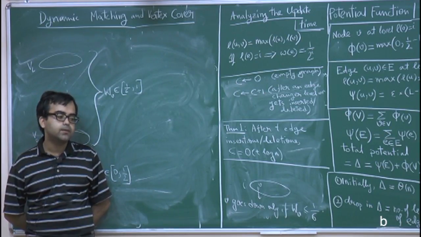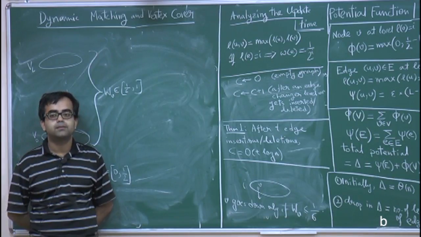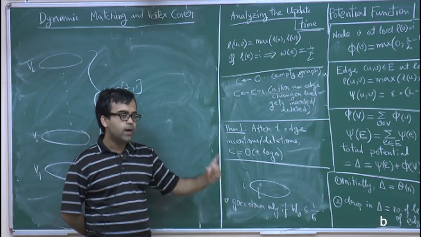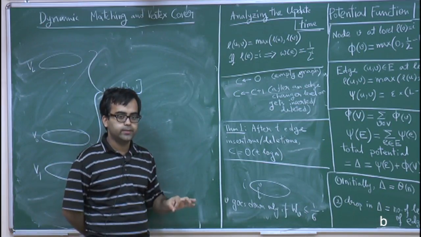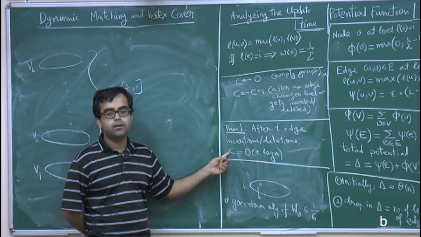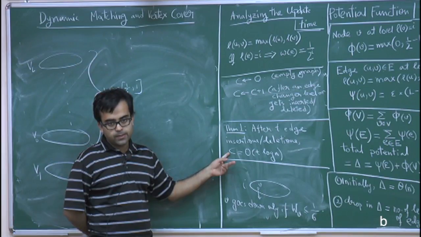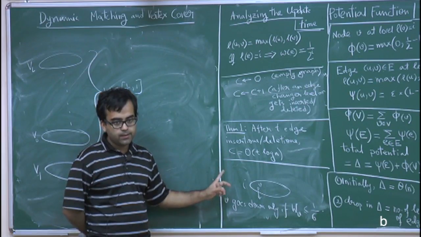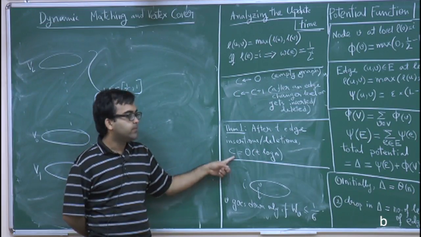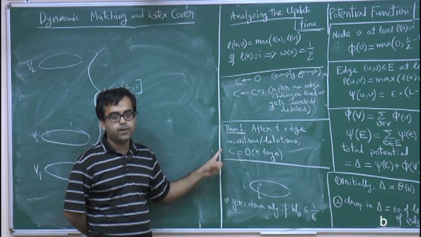Okay. I think you are confusing two separate aspects. One is that after one particular edge insertion, look at by how much this counter is increasing. What you are arguing pertains to claiming that after one edge insertion or one edge deletion, this counter cannot go up by more than log n.